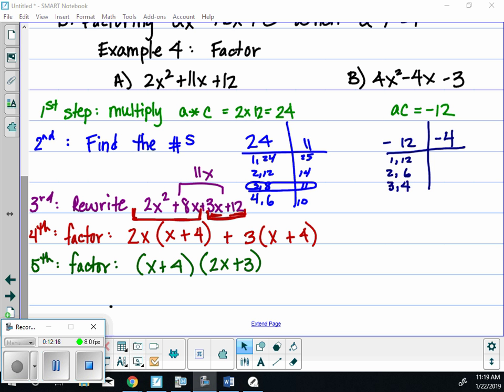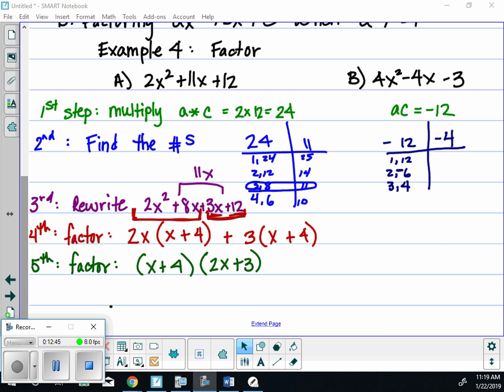And which one of those has a difference of 4? 2 and 6. So do we want the 2 to be positive or the 6 to be positive to end up with a negative 4? Because the 4 is negative, we want the larger of 2 or 6 to be negative. So we're going to use 2 and negative 6.